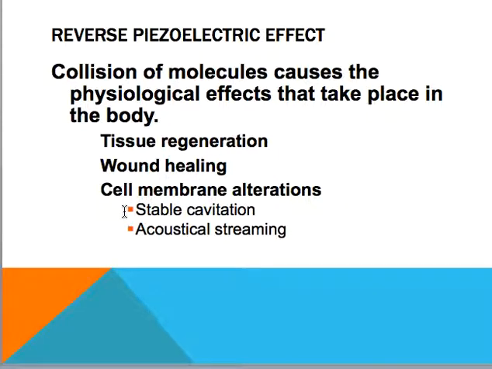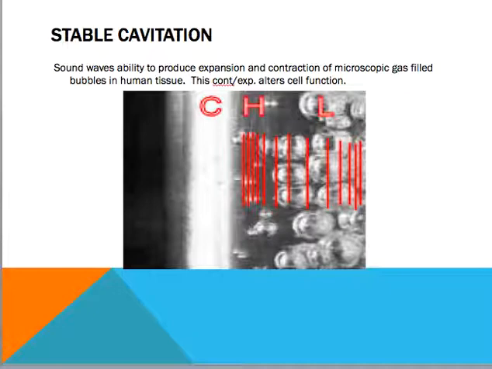The 2 other words or concepts that I want you to understand are stable cavitation and acoustical streaming. Stable cavitation is the sound waves' ability to produce expansion and contraction of microscopic gas-filled bubbles within the human tissue. And then this expansion and contraction of these bubbles alters the cell function, promotes healing, and that's again where we see the non-thermal effects of ultrasound, with stable cavitation.